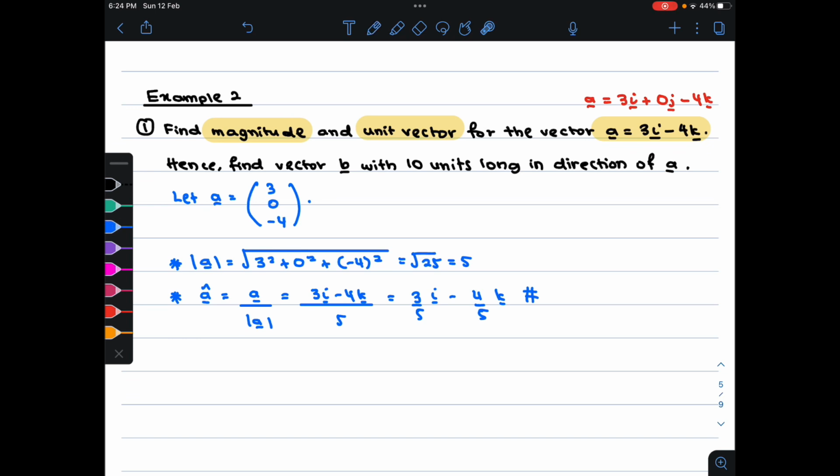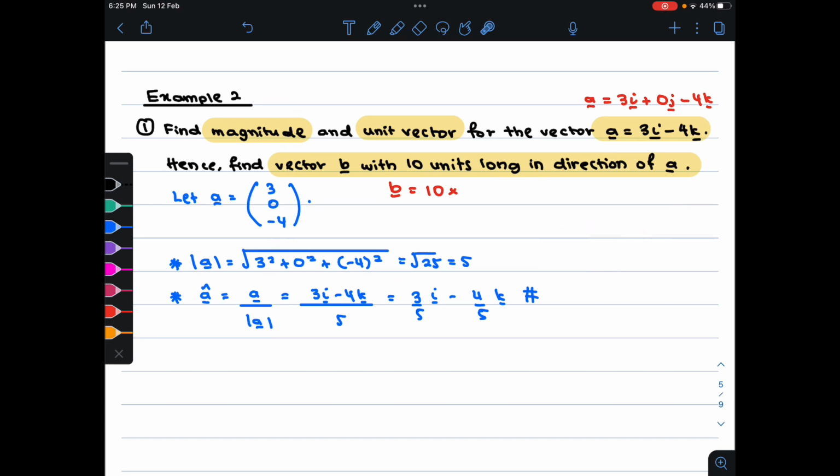In the next part, we need to find vector B, which is 10 units long in the direction of vector A. So we need to find a new vector B, and it is 10 times longer than vector A. So say that I have vector A which is this long, and vector B will be 10 times of that.